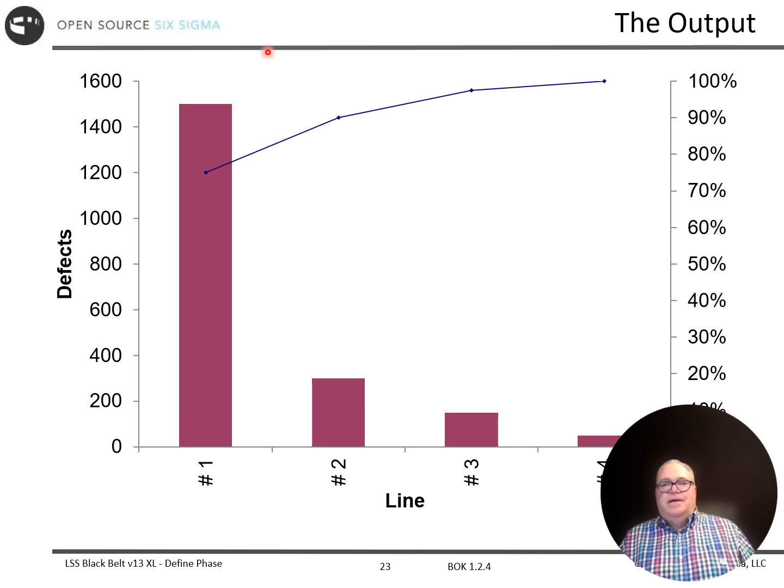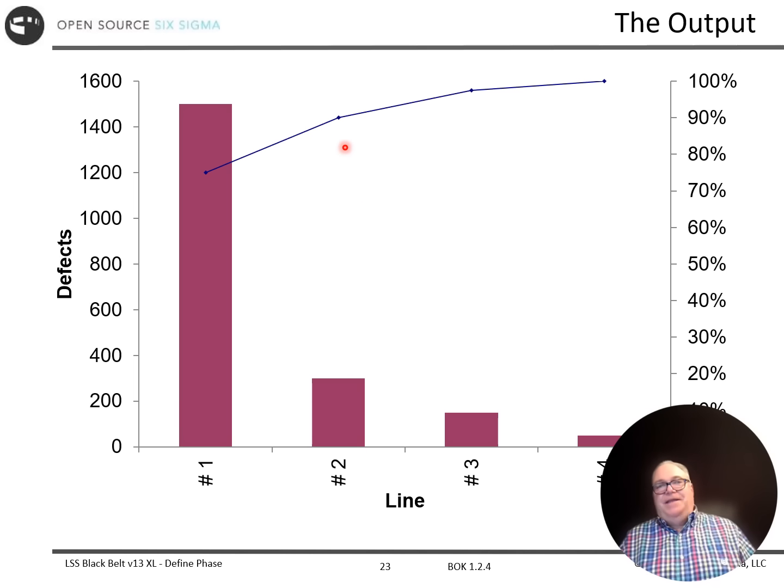So here are our results, and this looks like a good candidate that meets the Pareto principle. Like we showed in the 3-level chart, this is the same data. Production line 1 is up here, almost to the 80% line by itself.